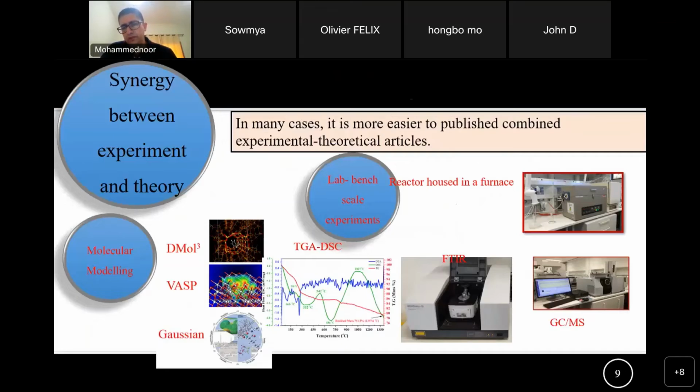So we focus on combustion and catalysis. At the end of the day, we need to validate our result or explain why we have this type of result, for example, the formation profile of compounds, or the generation of H2 or anything else. So we do the experiment in the lab, and then we do the validation and molecular understanding using DFT. For example, we measure the chemical composition using GCMS.